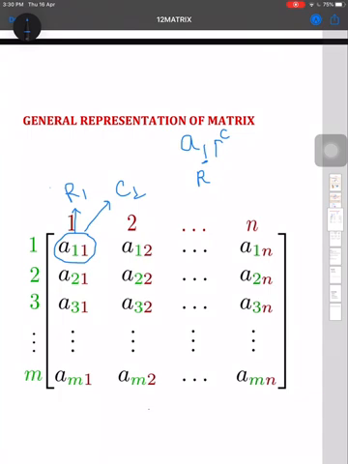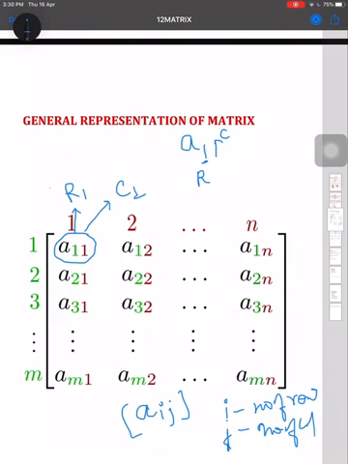So you can also write this as Aij within a matrix, where i is the number of the row in which the element is, and j is the number of the column. So like this you can represent any matrix. So this is A12. A12 means first row, second column. Element of first row, nth column. Element of third row, second column. So like this you can represent a matrix.